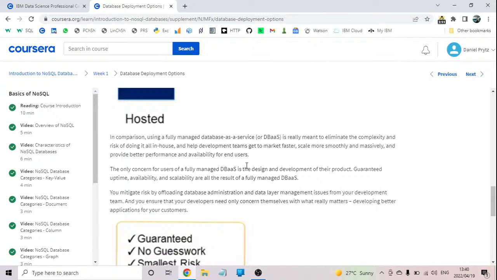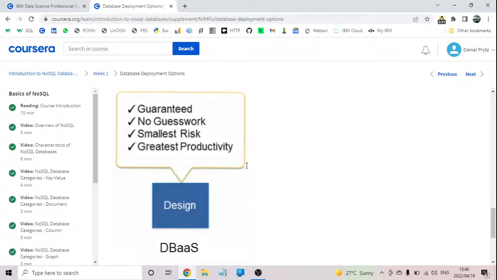Obviously you don't have design and admin, so all you focus on is developing applications. So you can take the benefits of scalability, high availability, and performance from the deployment database you choose. Okay, so that is DBAS. I think that summarizes it, guys.